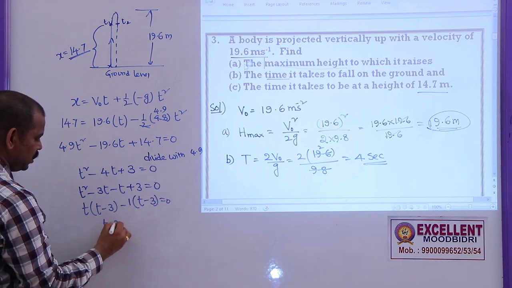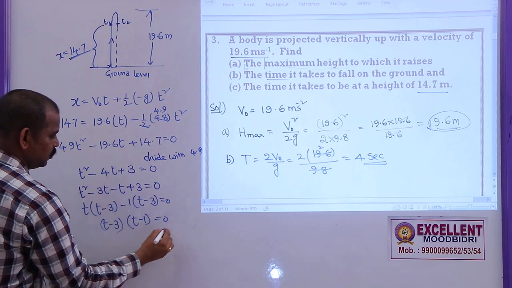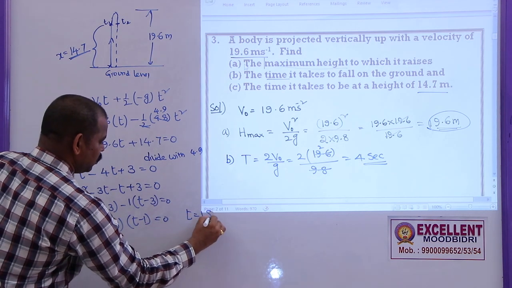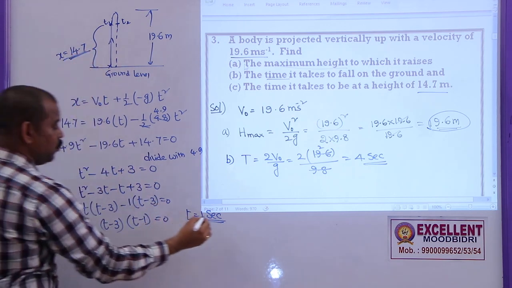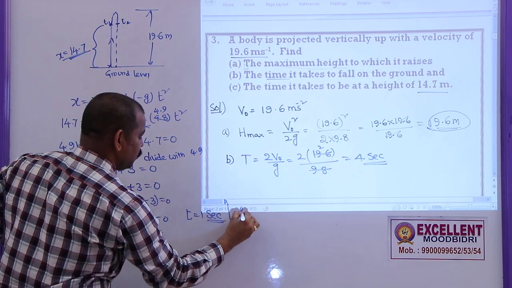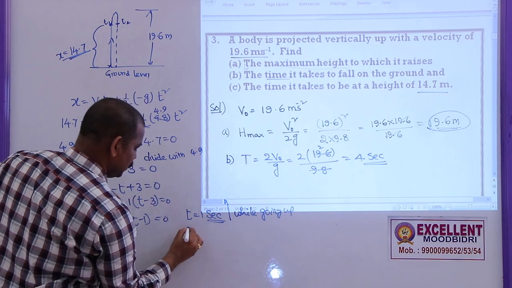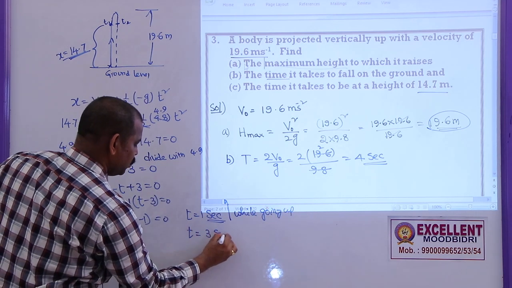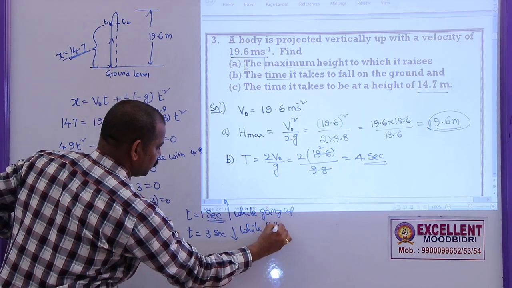So, the roots are 3 and 1. So, when t is equal to 1 second, it will be at a height of 14.7 while going up, and similarly t is equal to 3 seconds while falling down.